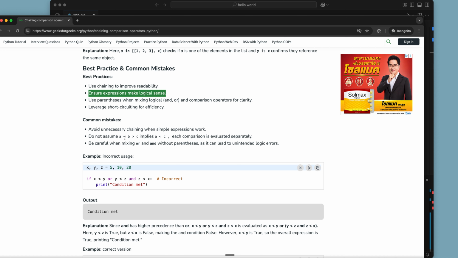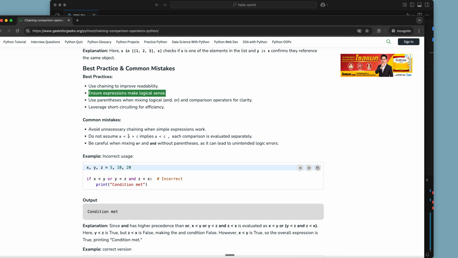Do not assume A is less than B is greater than C implies A is less than C. Each comparison is evaluated separately. Okay. So A is less than B, but B is greater than C. That does not necessarily mean that A is less than C.